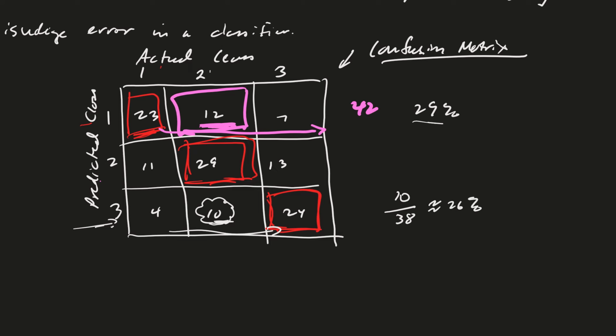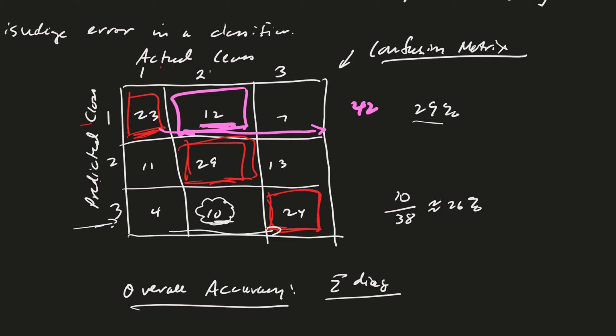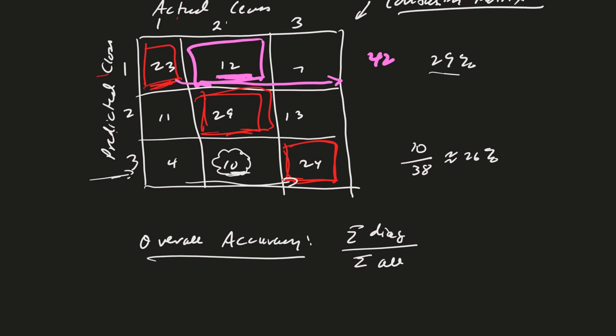Okay, and now to get the overall accuracy, we would sum our diagonal elements divided by the sum of all of the cells. Okay, because remember, the sum of all of the cells is the number of trials or number of data points. So if I sum them all, what do I get?